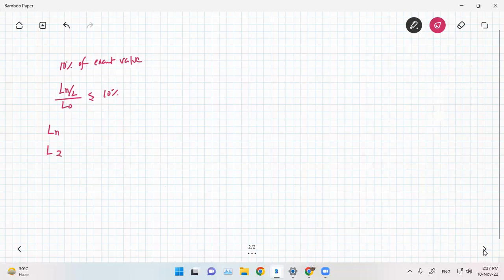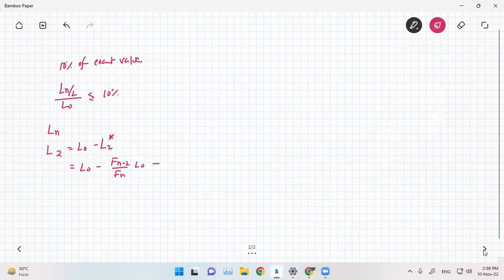So L2 is basically L0 minus L2 star, and L2 star we already saw, and that is basically Fn minus 2 by Fn times L0.